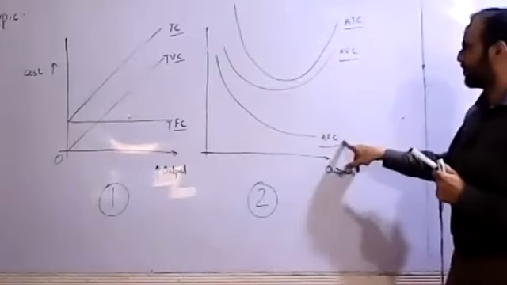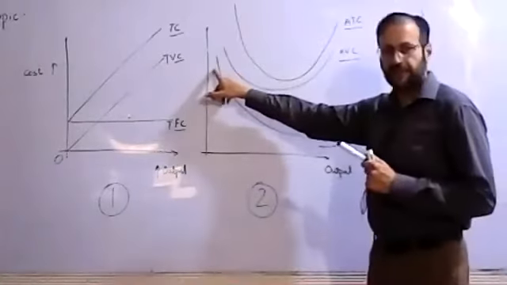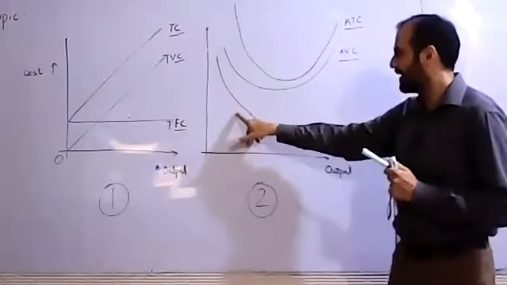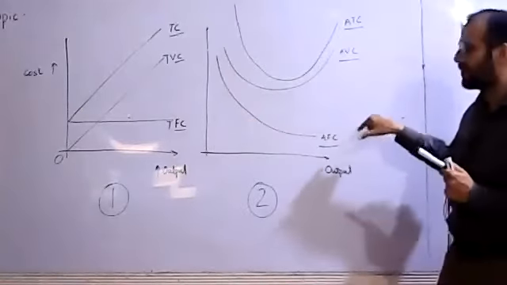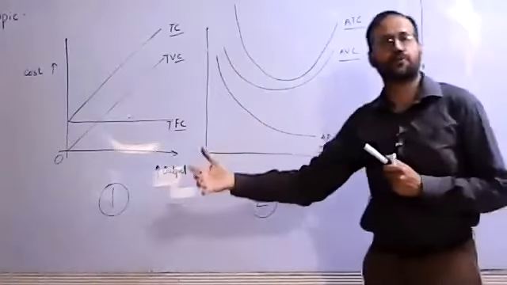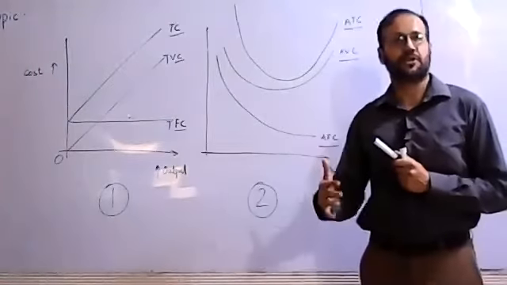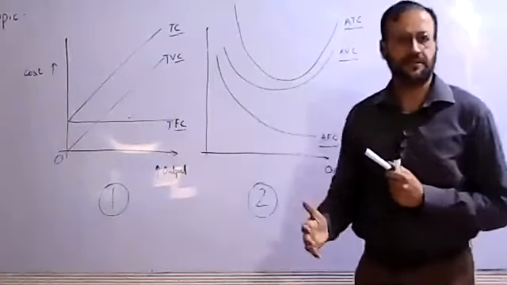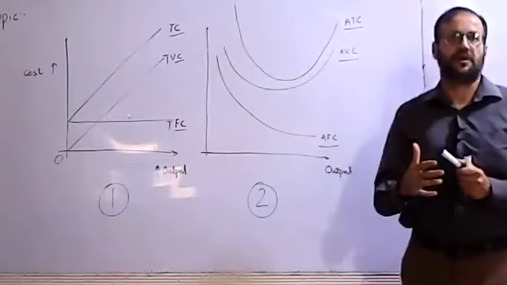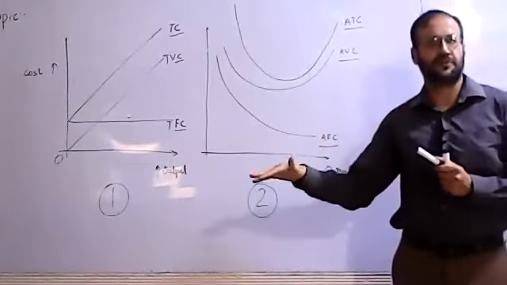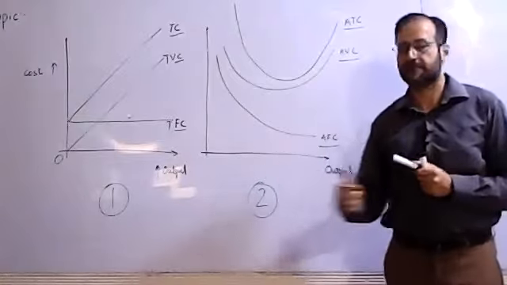However, the average fixed cost is a little different. It is falling and then it keeps on falling. It never increases. Why? Because the more output you're producing, the rent, the salaries, the so-called fixed cost, is going to remain the same. So it's going to decrease further, rather than increase.